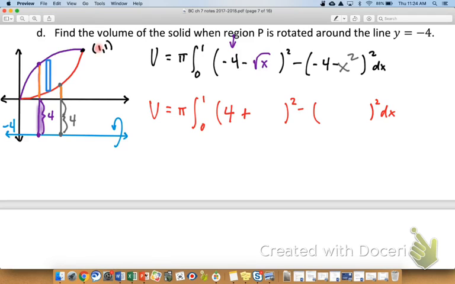They could say 4 plus y. Well, what's y equal to? 4 plus root x. And they could come over here and say, wait a minute, isn't this gray part 4, so it should be 4 plus something. Well, it would be 4 plus that little y, right? So it'd be 4 plus x squared.